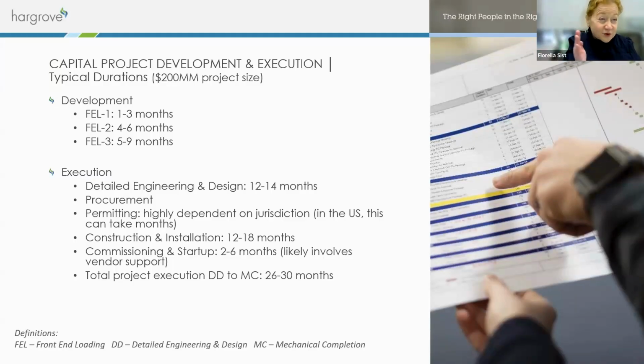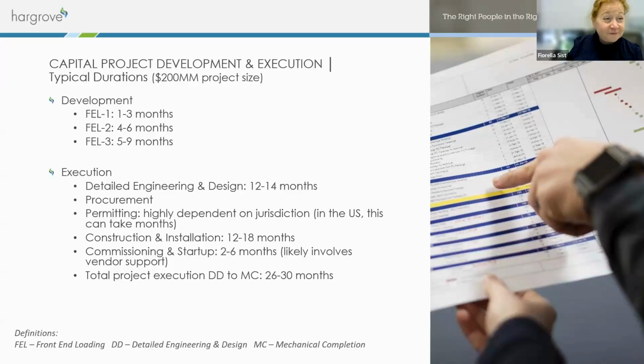That's why we chose 200 million, just to give you the story. It's going to change. What I'm going to show you is a typical timeline. Don't think that this is gospel, all right? So what does it look like?